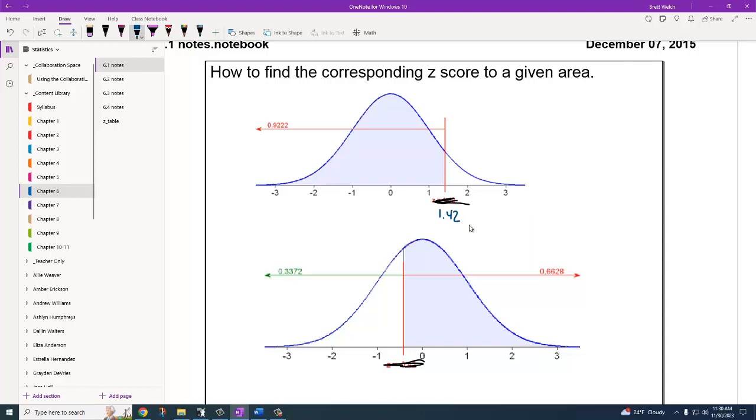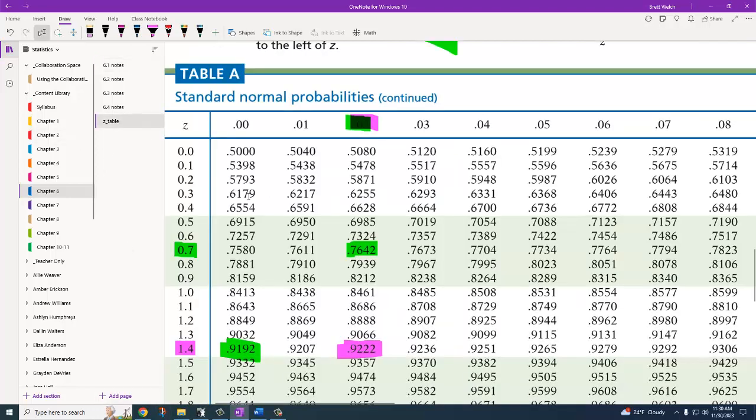We have to scan the chart to find them. Now here, if I want 0.6628 above it, that means I want 0.3372 below it. So I'm going to go look for that number on my chart, 3372.